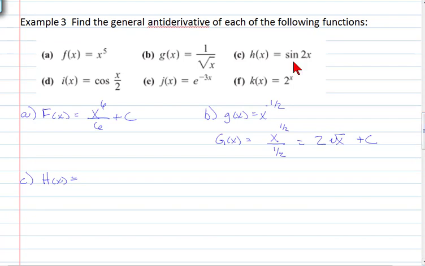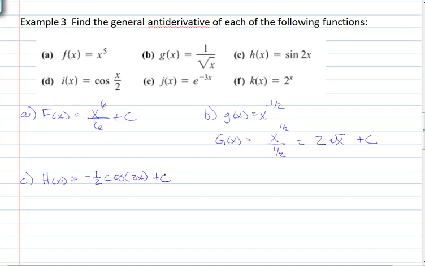What could I take the derivative of and get sine? Negative cosine. So there's where I put the negative cosine. The angle has to be the same, so that's going to be 2x. But I don't want a 2 there, so I need to put a 1/2 for my chain rule and then put plus c. Do you see how you just kind of undo the derivative in your mind?